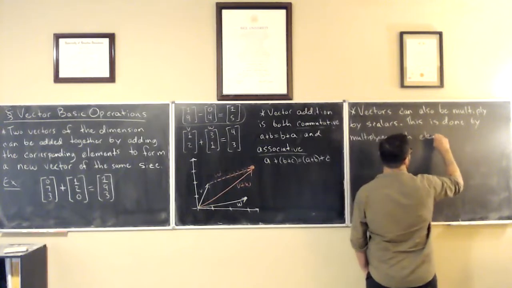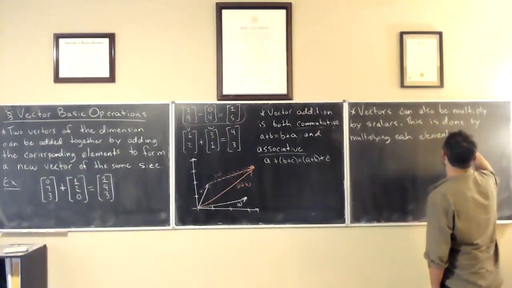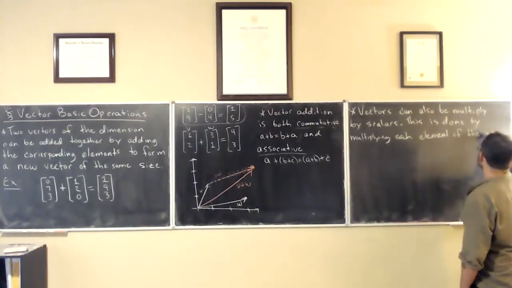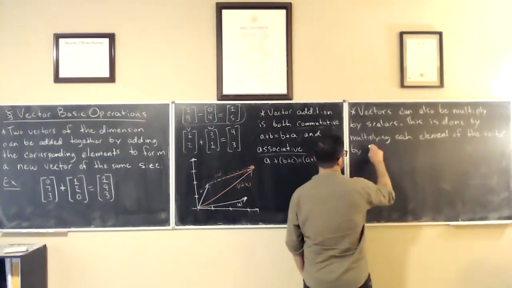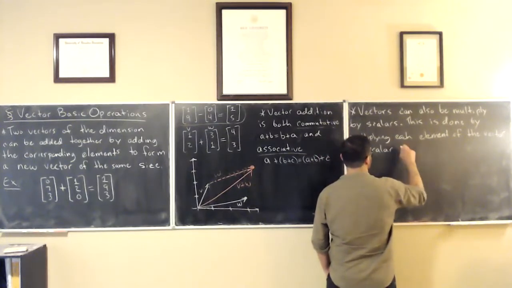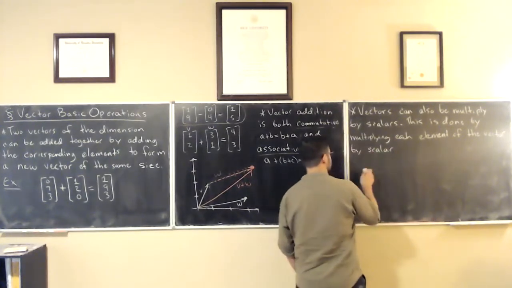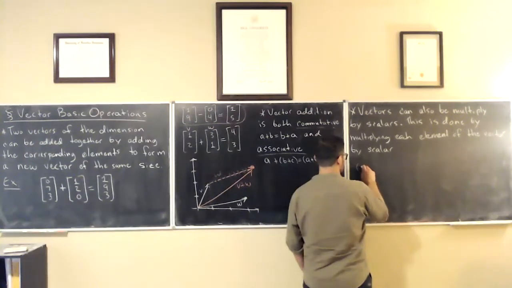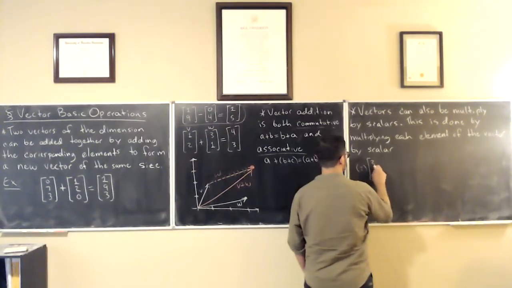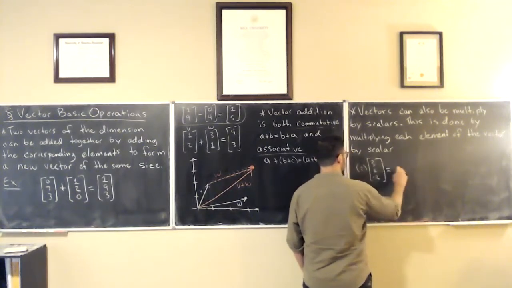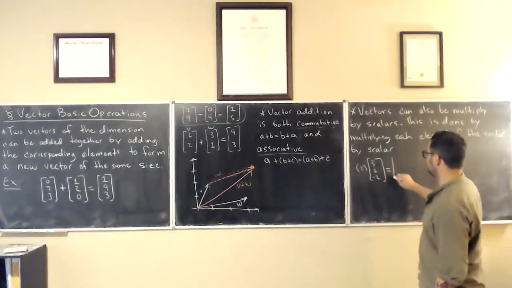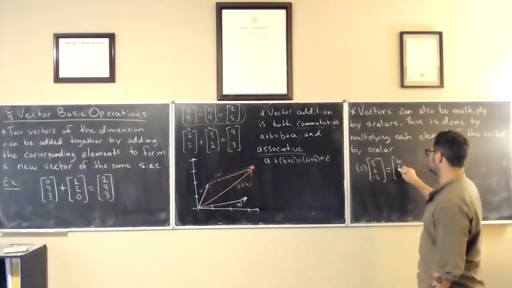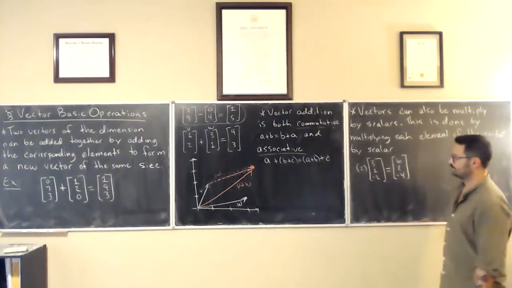Each element of the vector by the scalar. So, for example, 2 times 3, 2, minus 2. You multiply each element of this vector by 2. So this would be 6, 4, minus 4.